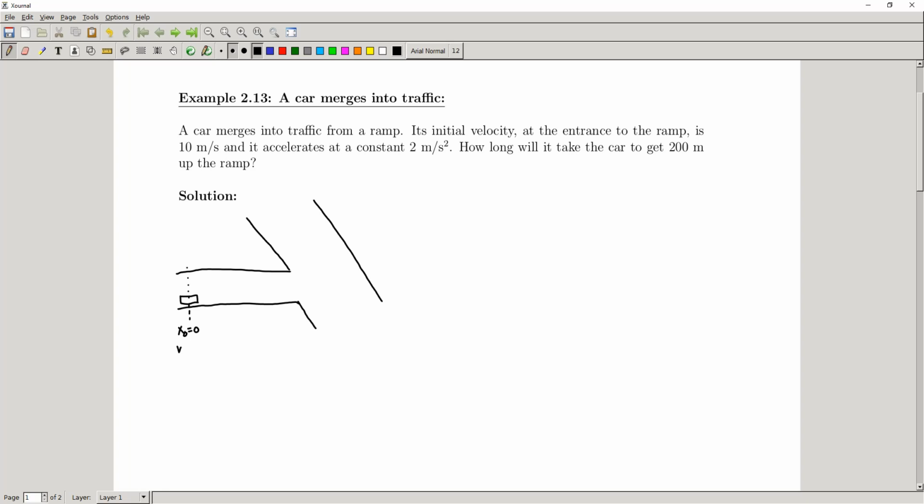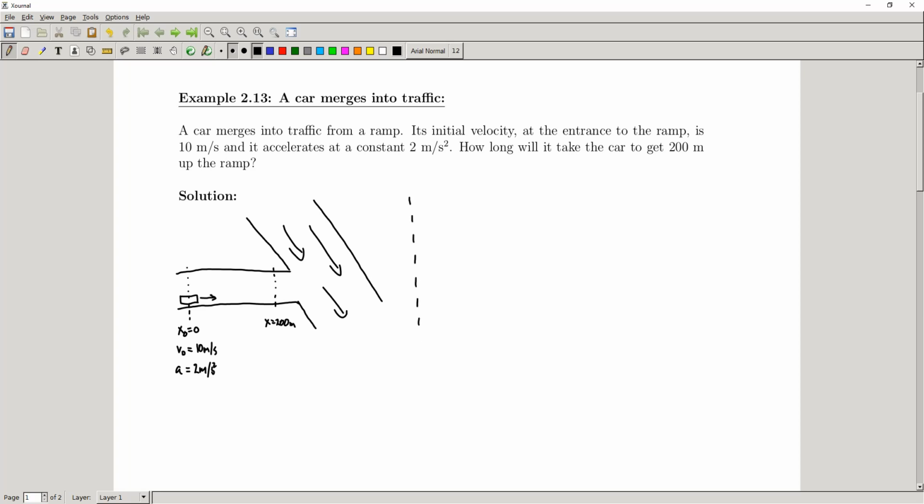It starts off with a v0 of 10 meters per second and an acceleration of 2 meters per second squared. It's accelerating and moving in this direction, and we want to know how long it takes to get to x equals 200 meters down the ramp, before it merges onto the highway. This is the highway, with other cars moving along like this.